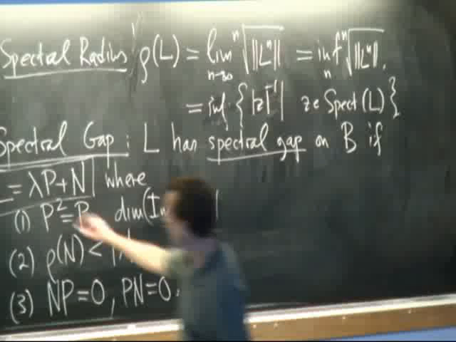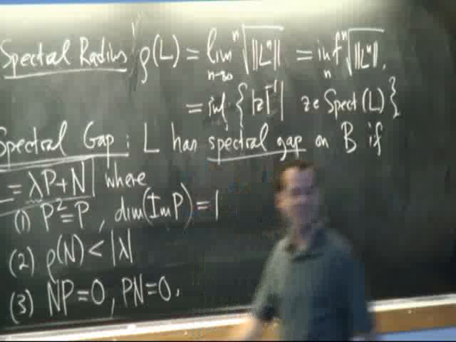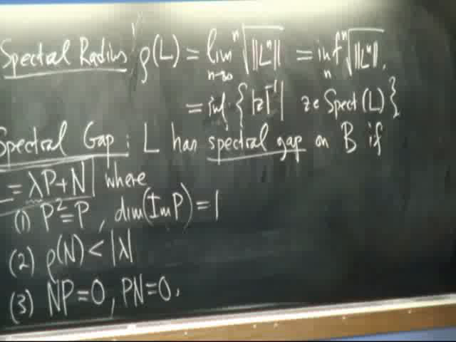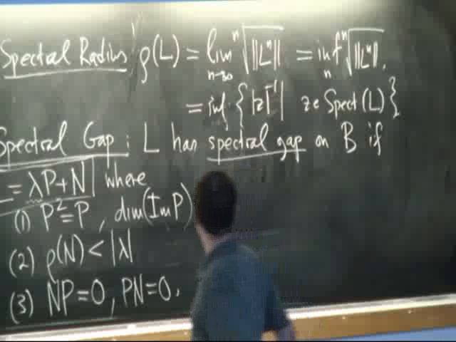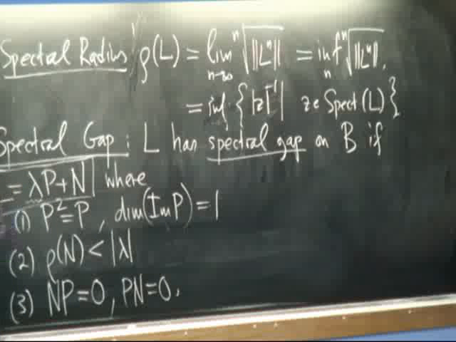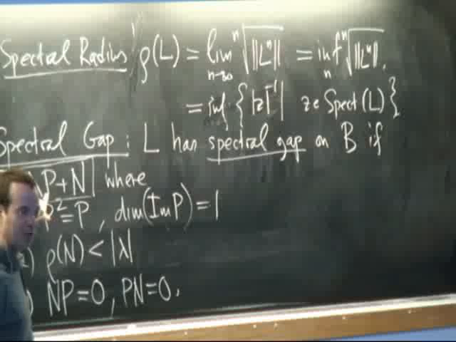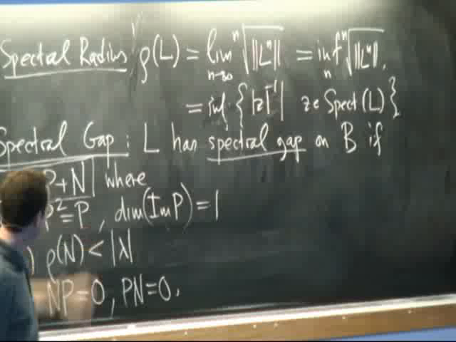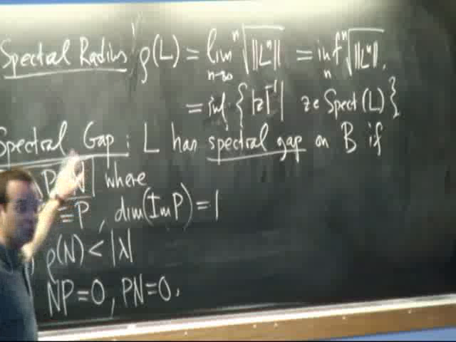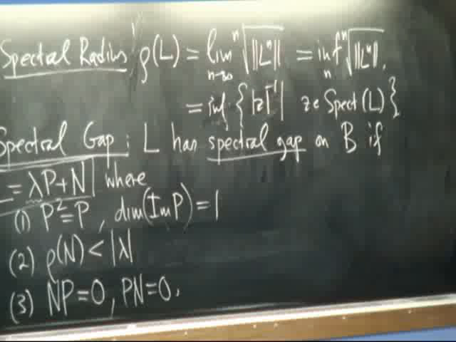Lambda is this number. So the statement is that there exists a representation of the operator in the form lambda times an operator P, which is a projection, P squared equals P, plus a sort of error, which has strictly smaller spectral radius.